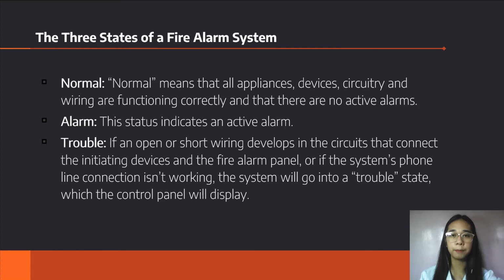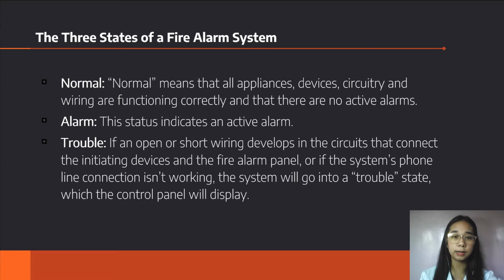The fire alarm panels continuously monitor and indicate the state of the fire alarm systems. For most systems, there are three possible states, namely the normal, the alarm, and the trouble. When we say normal, it means that all appliances, devices, circuitry, and wirings are functioning correctly and that there are no active alarms.